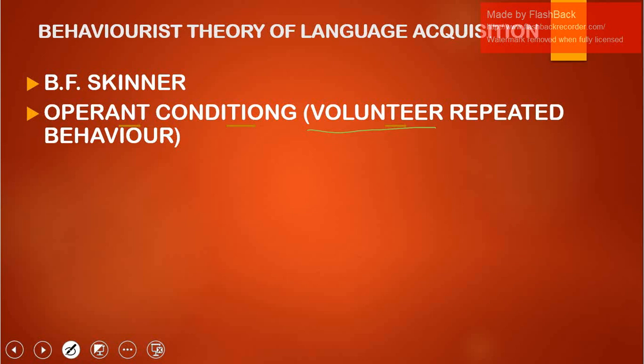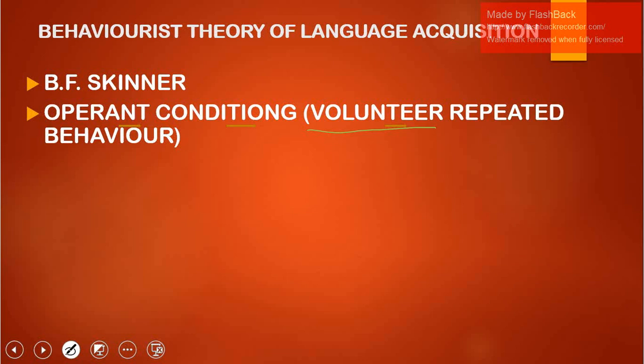This is how language is learned. If you utter the wrong word for an object, for example, you need water and you say I need this, your mother calls you, say the name of this thing. Your mother is your language teacher, obviously, and you will not repeat this word again, but you will use water. This is how you are learning the language, and this will be voluntary repeated behavior.